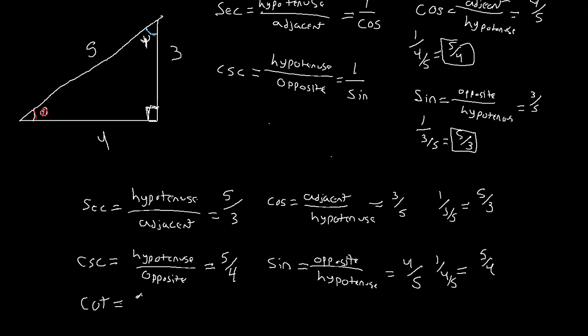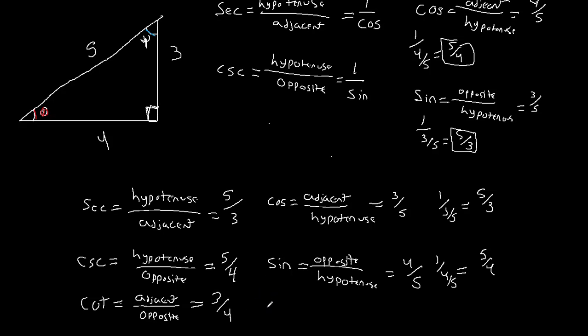Cotangent is adjacent over opposite. So again, we're talking about phi. The adjacent side for phi is going to be 3. The opposite side for phi is going to be 4.